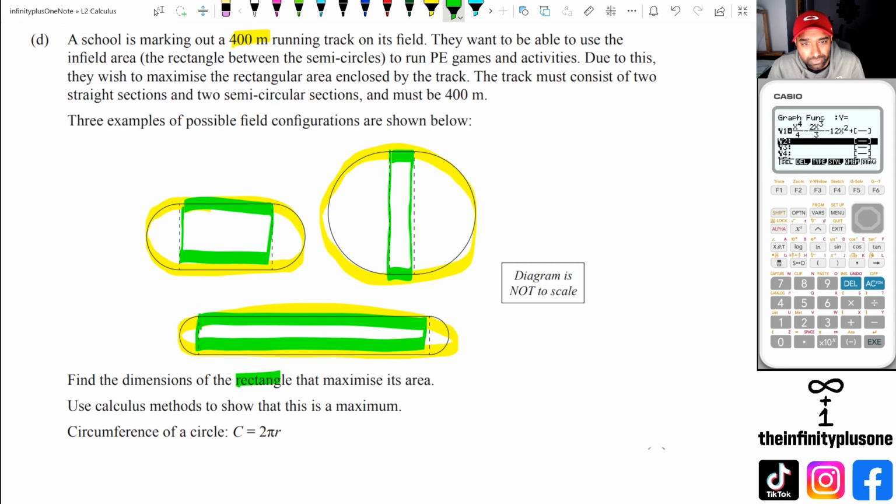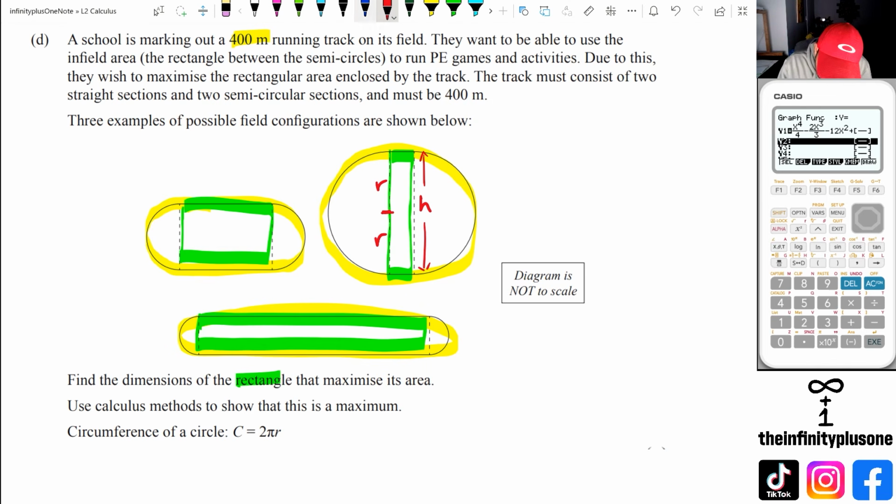What we need to figure out first is, for the rectangle, we need the base and the height. Now, the height of the rectangle is fairly easy, because the height of the rectangle from here to here is the same thing as the circle's radius times 2. So the diameter of the circle is the same as the height of the green rectangle.